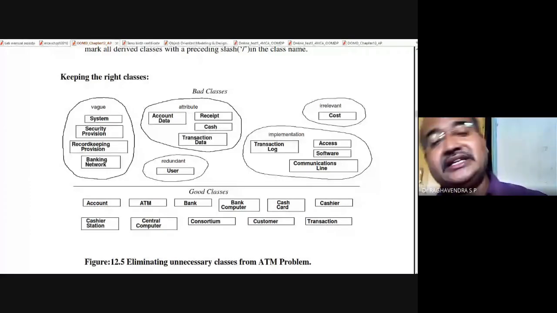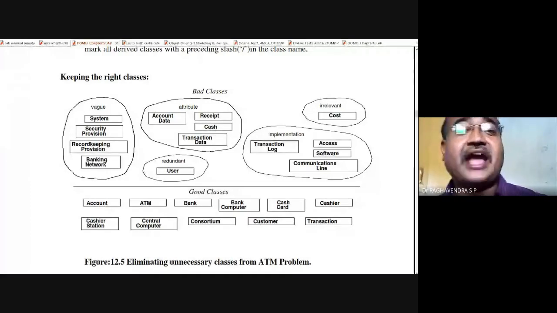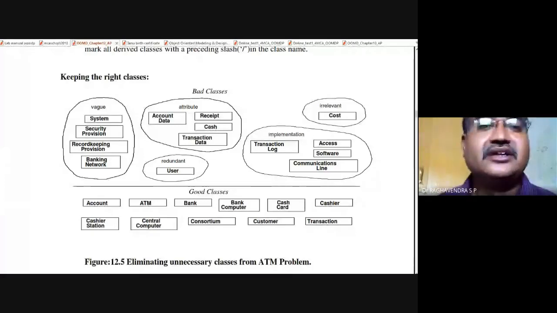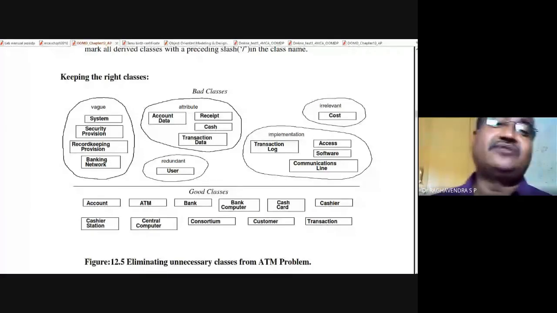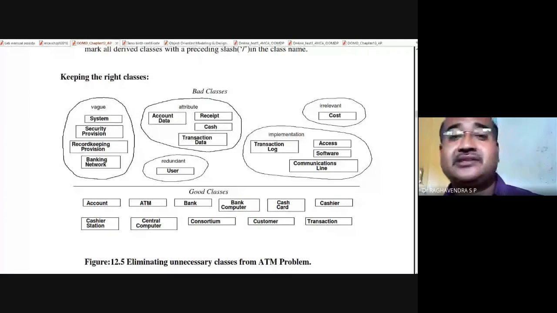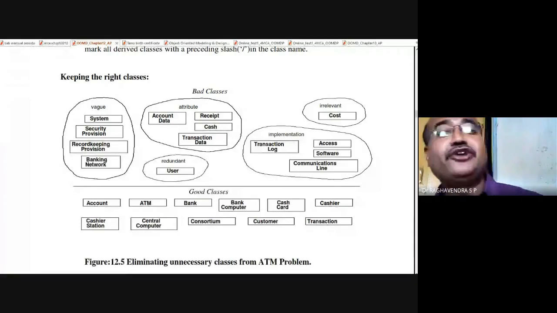Similarly, in the bad classes, we have another category called attribute. Always remember that an attribute is nothing but a distinguishable characteristic of a given object. If you consider account data, it is data which belongs to an account, so account data can be considered an attribute, not a class. A receipt will be generated with respect to a given transaction, so receipt is not a class but an attribute.